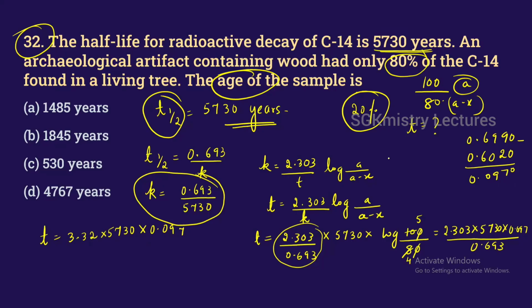So we have 5730 into 3.32. 2 3s are 6, 2 7s are 14, 2 5s are 10, 11. Okay. So again we have 0917 plus 17, so I have 19023.60. Now what is remaining? Again, I can shift the points and make it 9.7. So I get 19023 into 9.7.